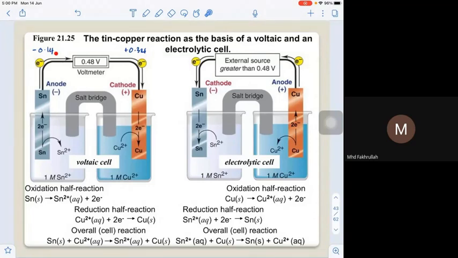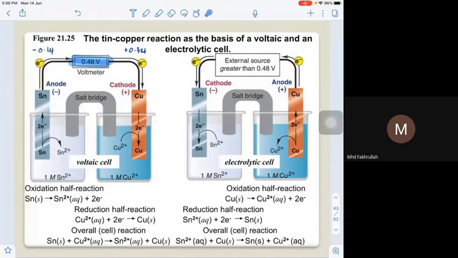So the E naught for the whole cell will be positive 0.48 volt. When we have a positive E cell, we know that the reaction occurs spontaneously. That is why this cell is a voltaic cell.